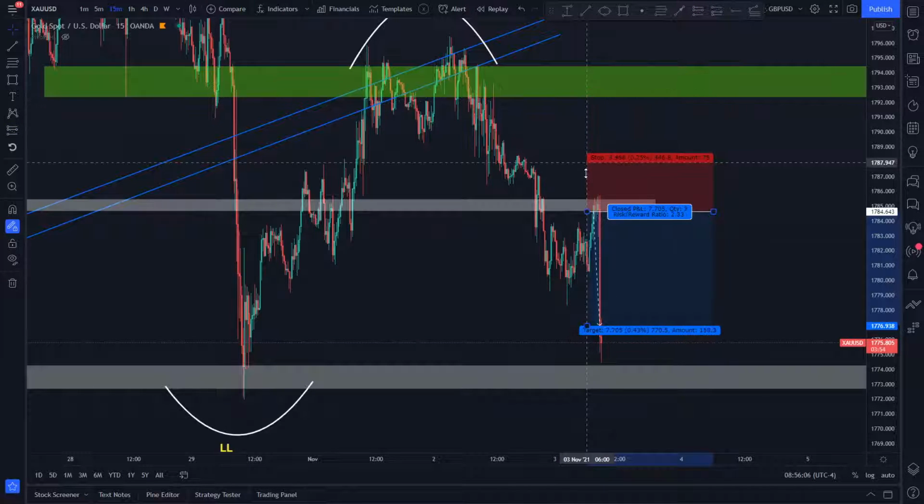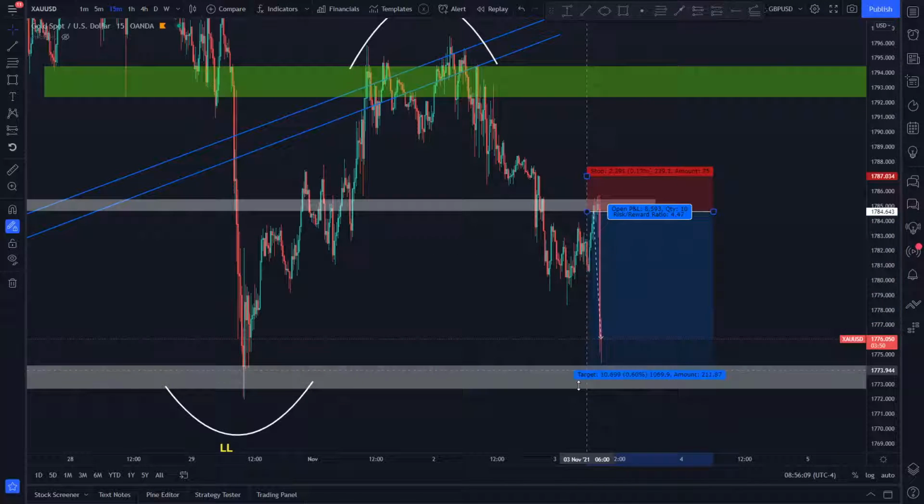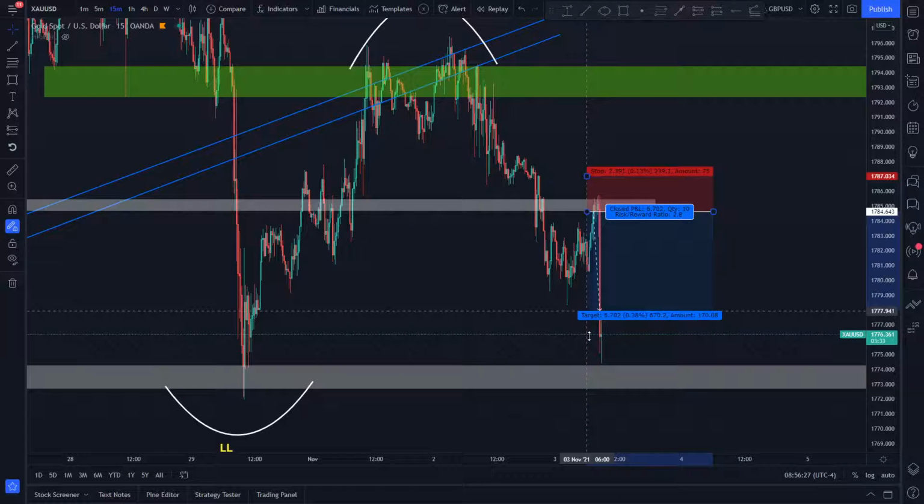I have my stop loss somewhere around here, and I will take profit right at the previous lower low. As you can see, it's a 1 to 4.6. And this can change. Sometimes it can be a 1 to 2, a 1 to 1, a 1 to 6, a 1 to 3. It depends where my next zone is.